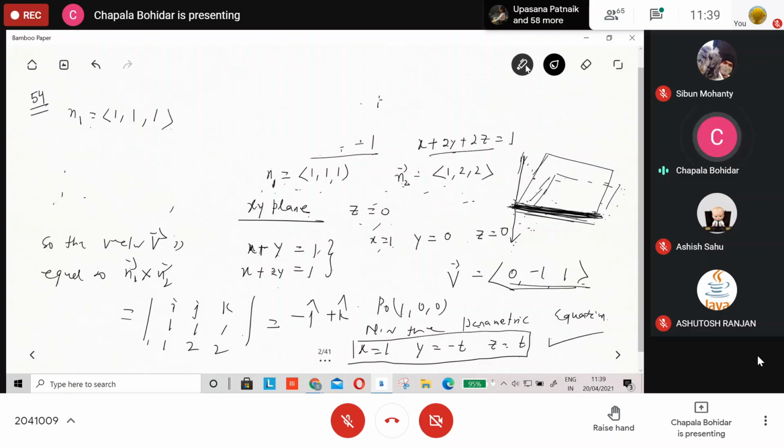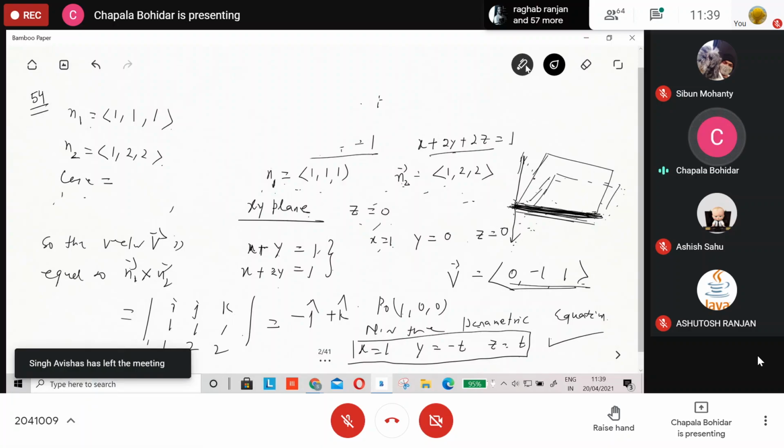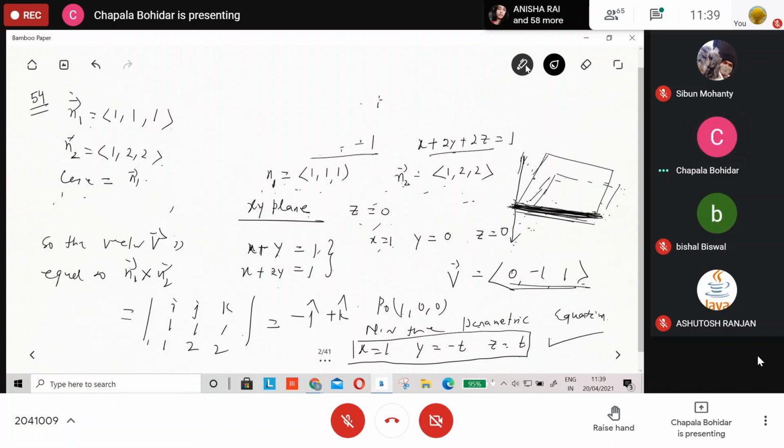N2 is equal to 1, 2, 2. So cos theta is equal to N1 dot N2 divided by the absolute value of N1 times the absolute value of N2. How much? 15.8 degrees.